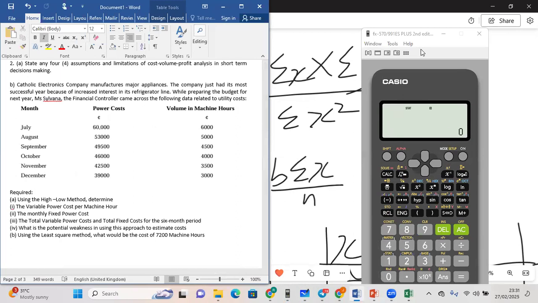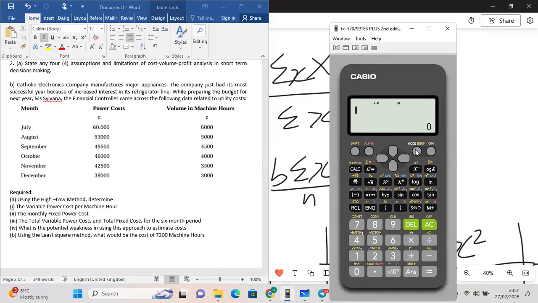Now, on your calculator, we press mode, and choose 3, and choose 2. You see, you're getting y is equal to a plus bx, so you choose 2. And you put the values of x. So the x is the activity level, so put the activity levels: 6,000, equal to, or you press enter, 5,000 equal to, or enter.